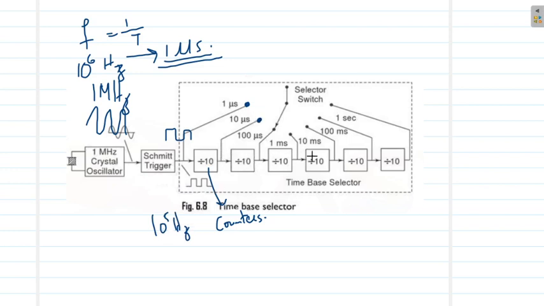If you further divide the frequency by factors of 10, the time period gets multiplied by 10, because f equals 1 by t. So you will have 1 microsecond, 10 microsecond, 100 microsecond, 1 millisecond, and so on. A range of time periods are available here at different outputs.